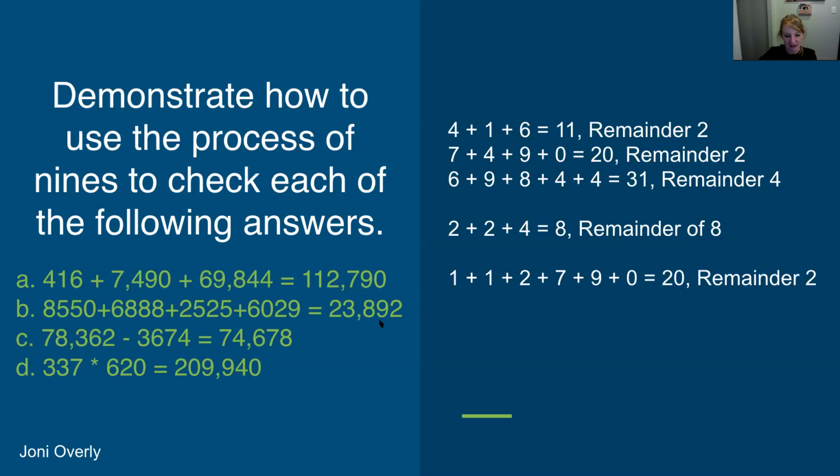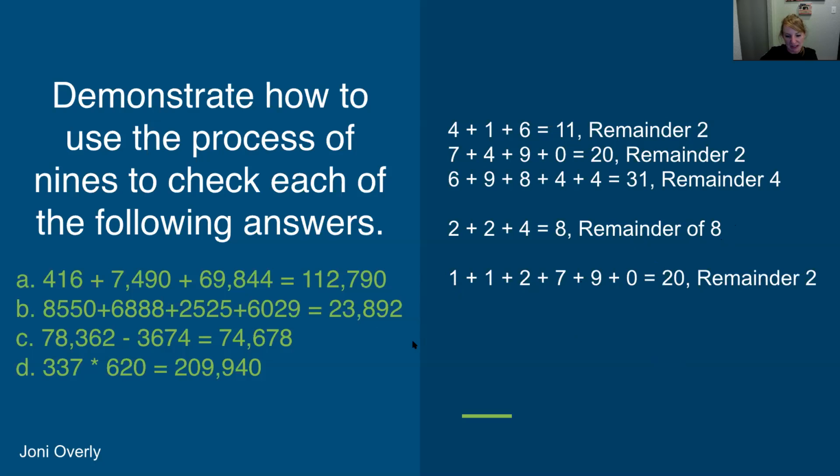Okay. So then we have our 1 plus 1 plus 2 plus 7 plus 9 plus 9 equals 20, with a remainder of 2. So we have to add up that 2.